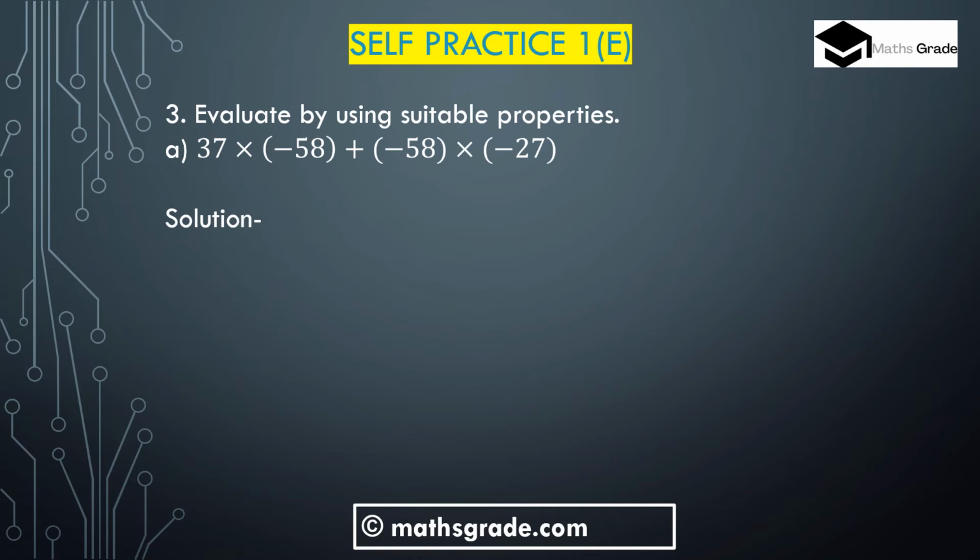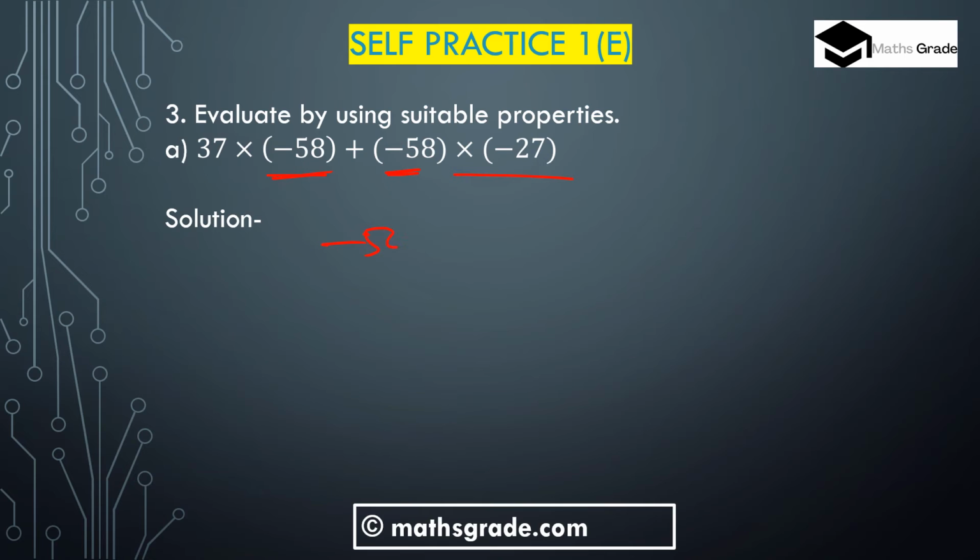Now question number 3. Evaluate by using suitable properties. Part A: 37 multiplied by minus 58 plus minus 58 multiplied by minus 27. We have to evaluate and write down which property is used. Here minus 58 is common.